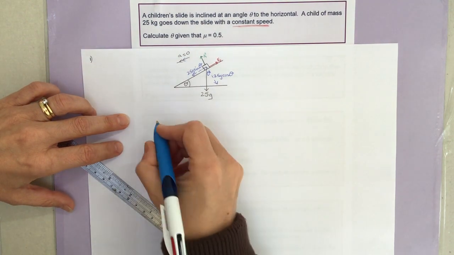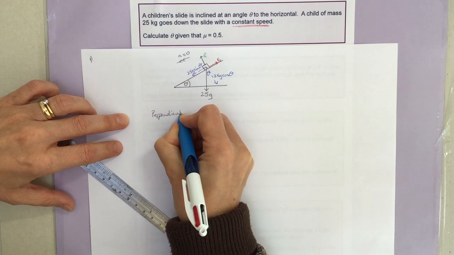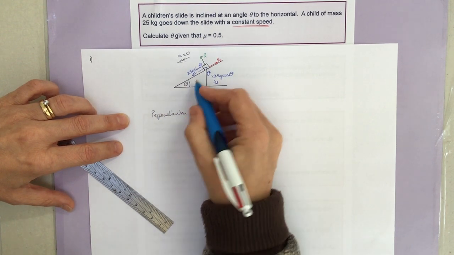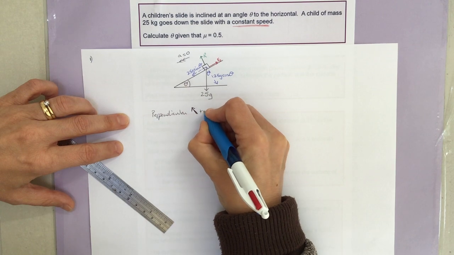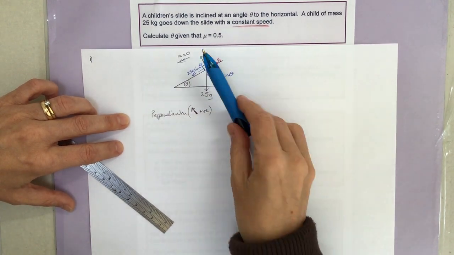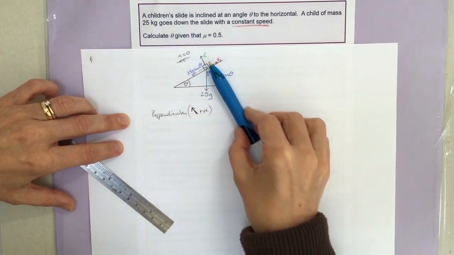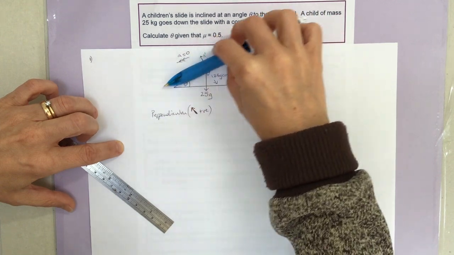Okay, now let's have a look at doing our resultant force equals ma. So first of all, I'm going to look perpendicular to the motion, and I'm going to take up away from the slope as positive. Just remember to tell the examiner that. And there's nothing happening in this direction. So perpendicular to the slope, there isn't any motion because this child is just going down the slide.